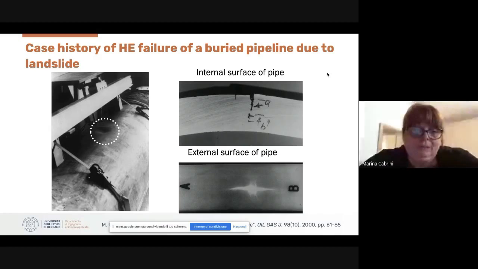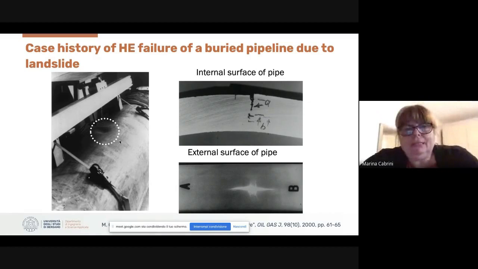There are no hard spots in this case, but a rock that was in the backfill of the pipeline made an indent in the pipeline during the realization of the pipeline.